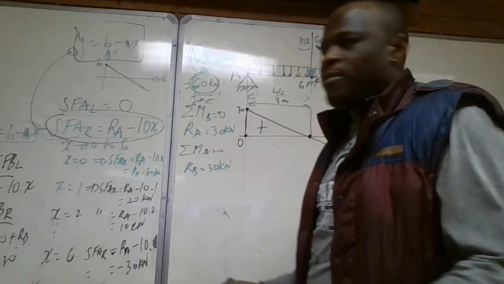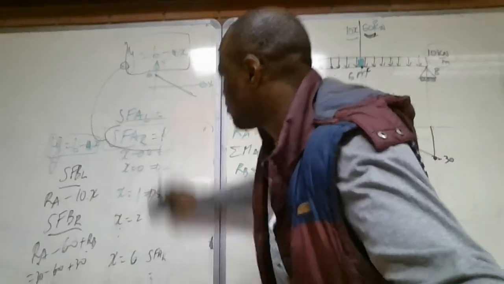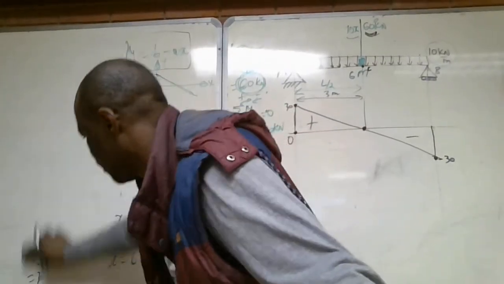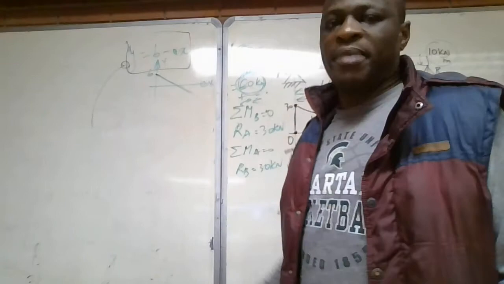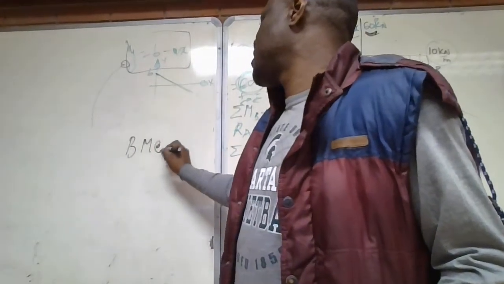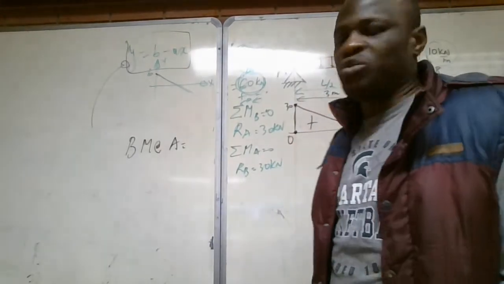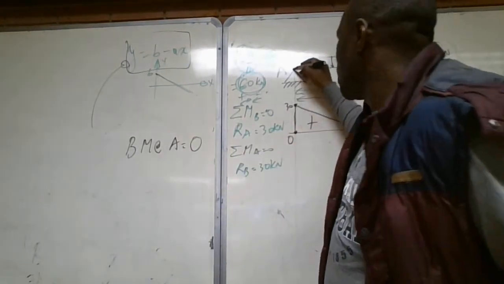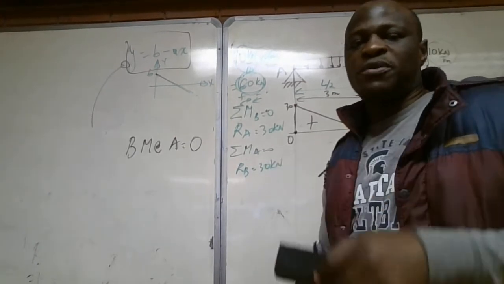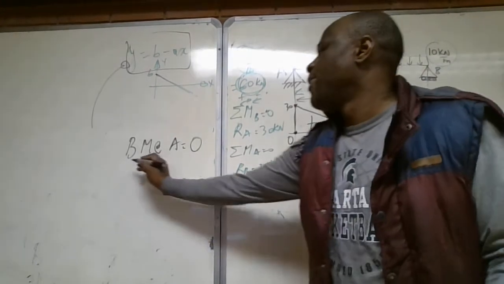For the bending moment, quickly, bending moment at A. What do we have? 0, because the reaction is acting on the pivot. We have one force on the pivot and there's no moment arm.